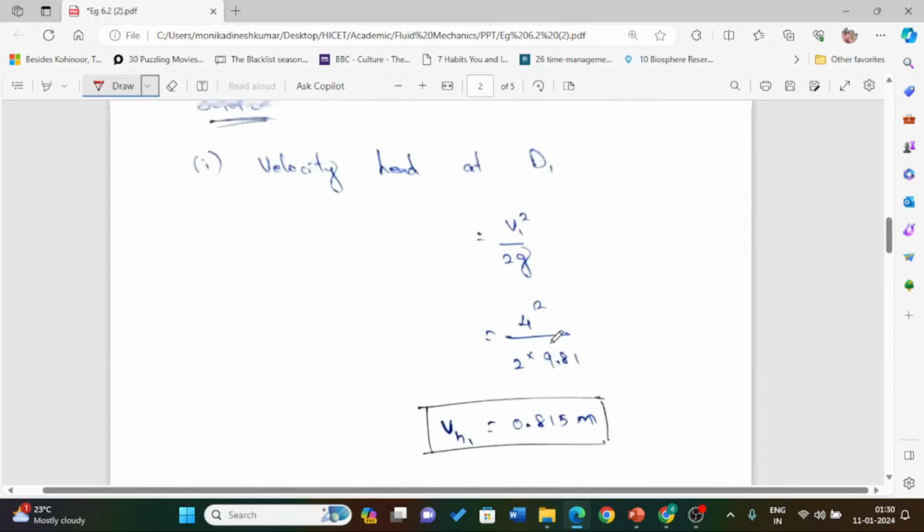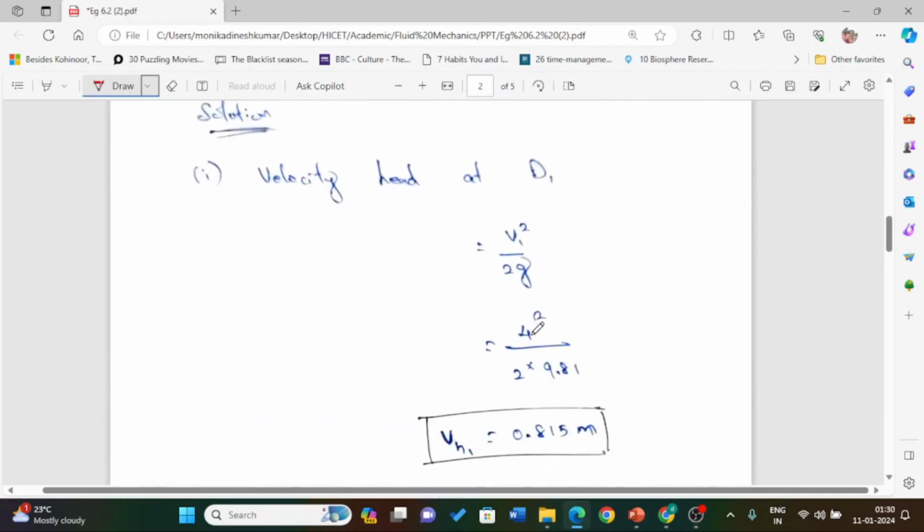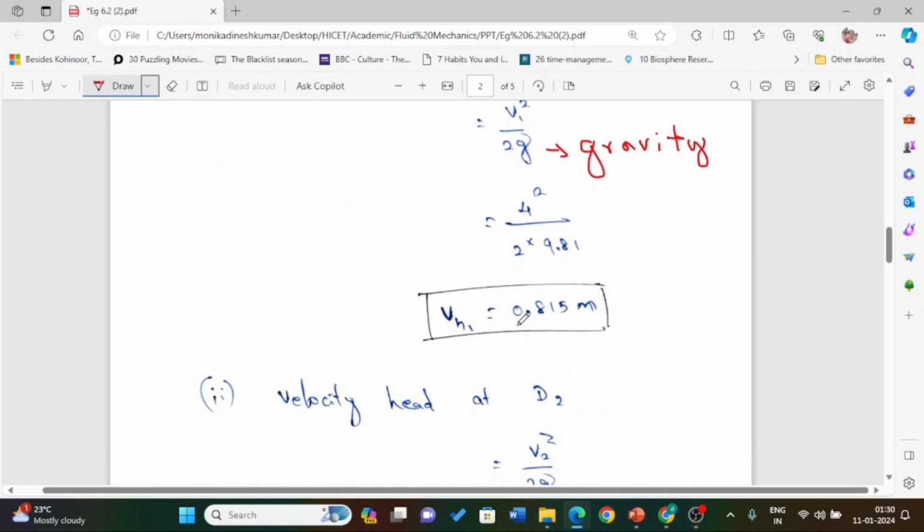So 4 square divided by 2 into 9.81, where g is the gravity. So the velocity head will be 0.815 meter.